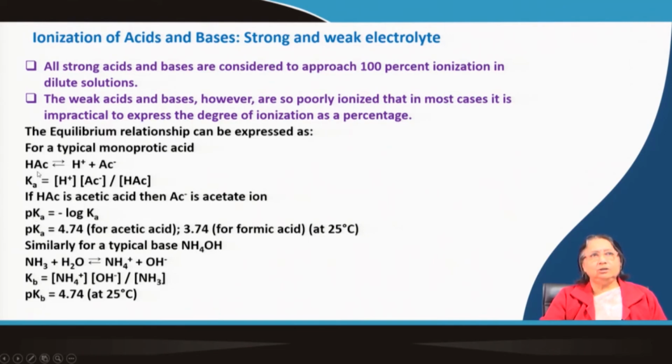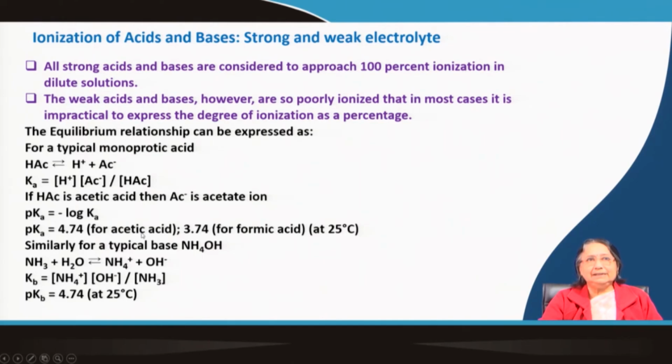Now, just like the H+ ion concentration and the pH, here also the Ka value and pKa value are related in a similar way. What is pKa? pKa is nothing but minus log of Ka. So, if Ka is in terms of 10 to the minus 5, then pKa will come as 4 point something.